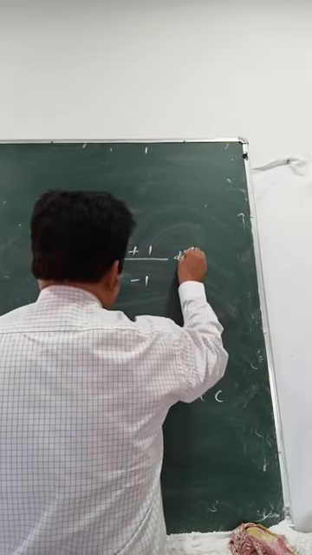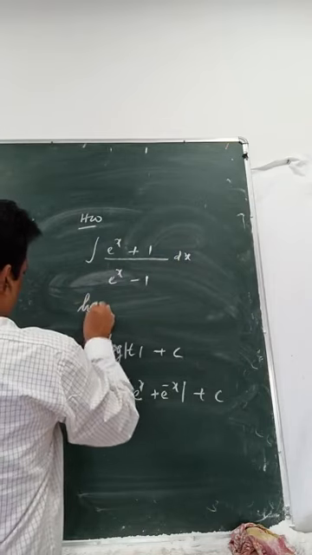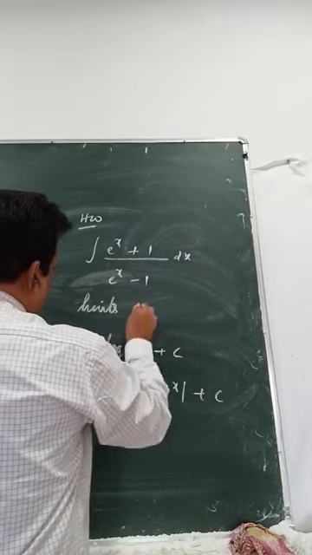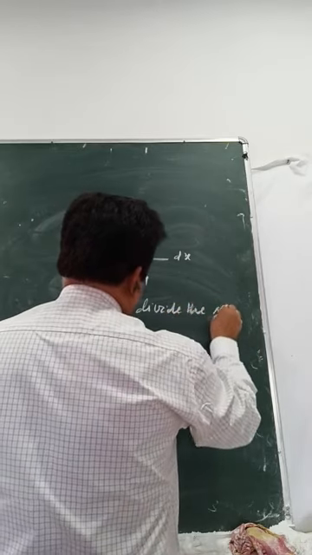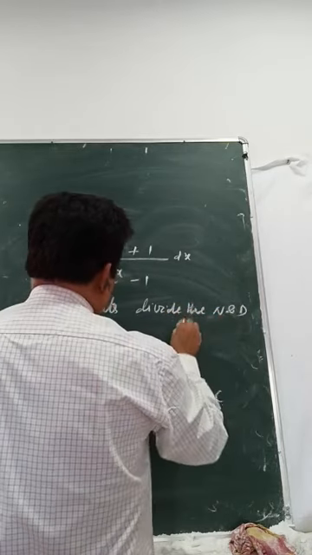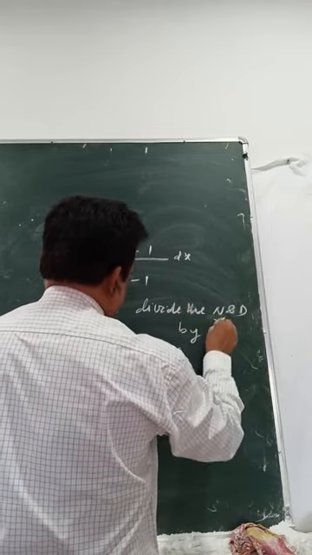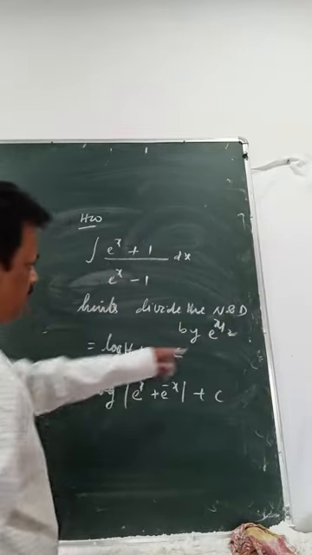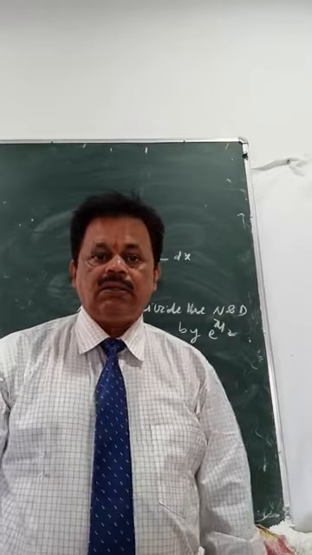How to solve it? Hint: divide the numerator and denominator by e to the power half the power, which is x by 2. If you divide like this, you can proceed as in the previous question.